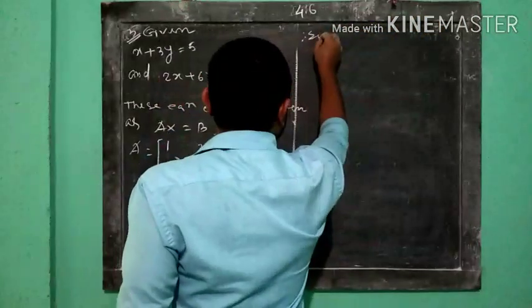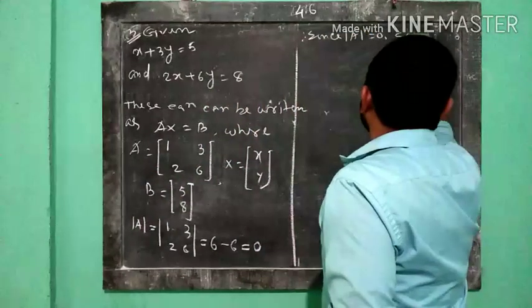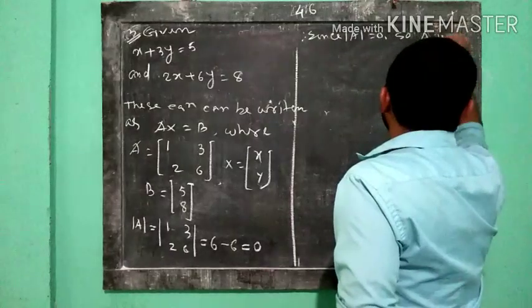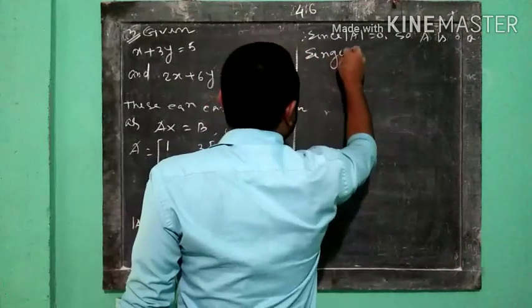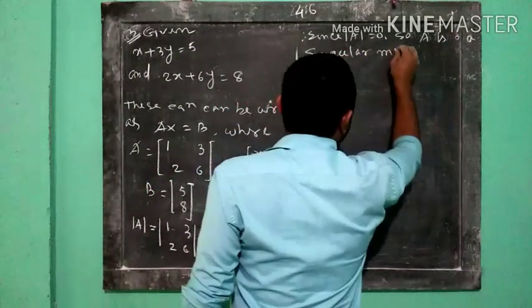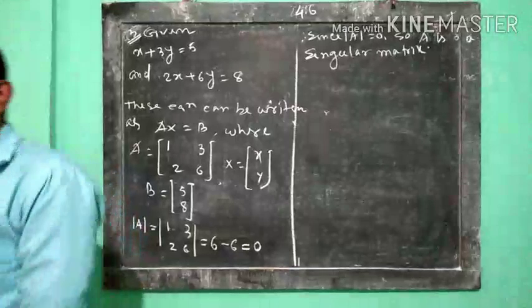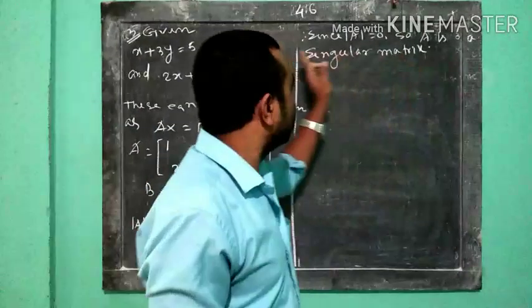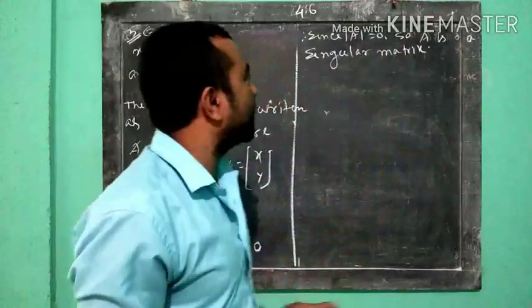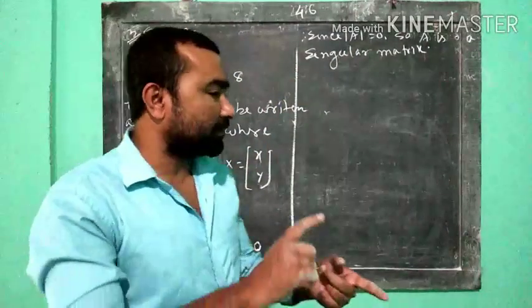Since determinant of A equals 0, A is a singular matrix. So if determinant of A equals 0, then we cannot say anything about the consistency of the given system of equations yet.